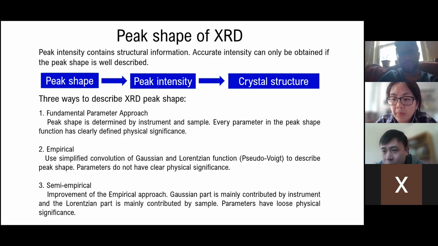So the first Rietveld refinement was actually done on neutron diffraction data, and was quite successful. That's because in the neutron setup, the peaks are mostly Gaussian. So he did not really have to care too much about the peak shapes at that time, and he simply used Gaussian shapes, which modeled the pattern very well.